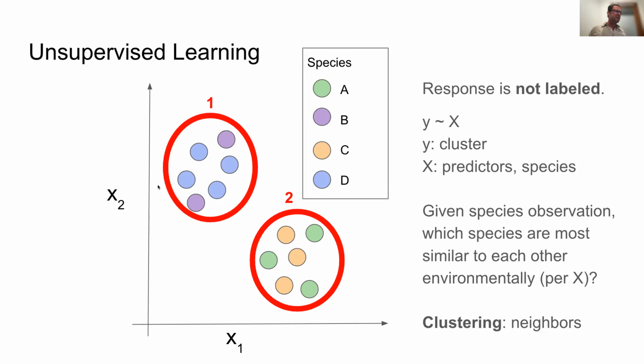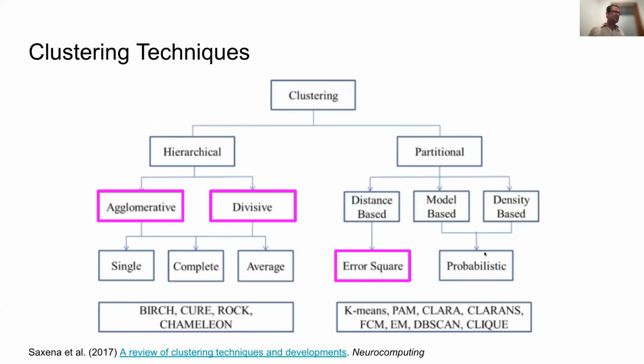And so we don't know what the clusters are, and we're having that technique help us determine them. So that's why it's unsupervised. The response is not labeled. And so clustering is one of the unsupervised techniques that we'll be learning, and that's what we're focusing on today.